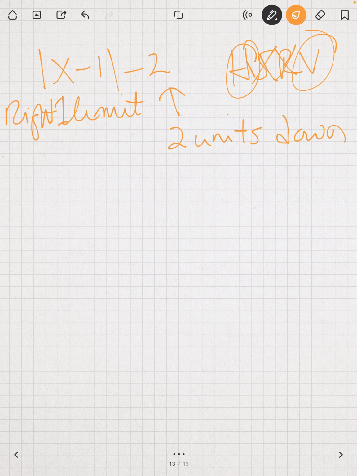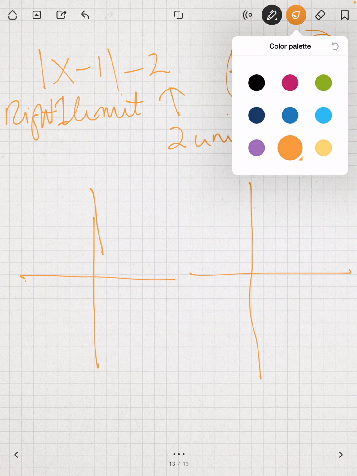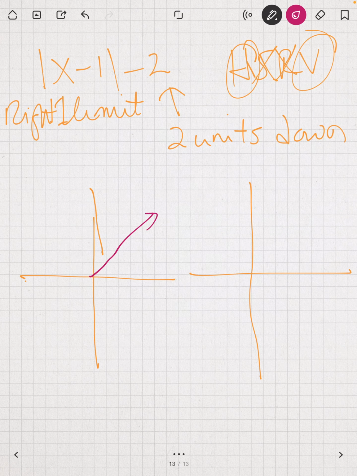And so we have our coordinate grid, our absolute value looks like that, absolute value of x. And so we go right 1, down 2.